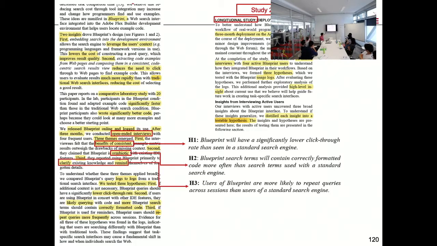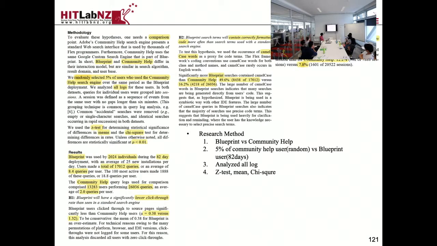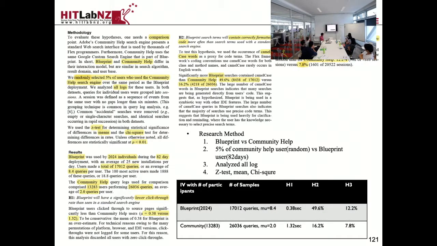And then the keywords were benefit of consistent and symbiotic, which means compatible, and clarity and remind. So if this program reminds the programmer easily or something else, he mentioned everything there. And this was the methodology for the second study.